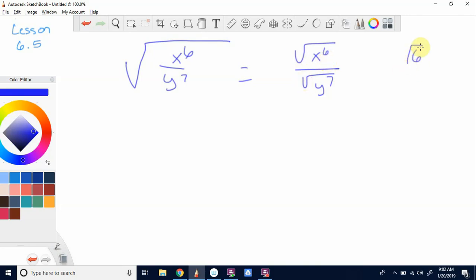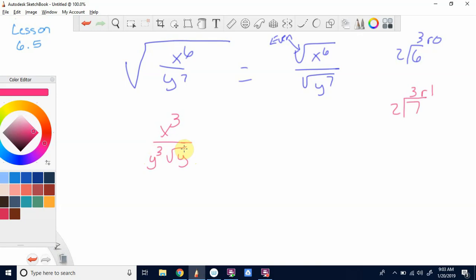So 6 divided by 2 gives me 3, remainder 0. The index is even for both of these, and I have variables, so I have to look at the result. My result is x to the 3rd with nothing left. Here I get 7 divided by 2 is 3, remainder 1, so I get y to the 3rd radical y to the 1st.